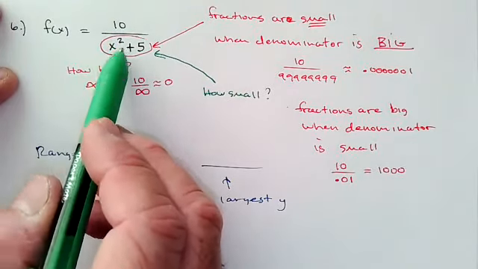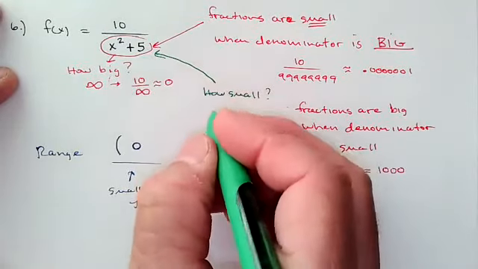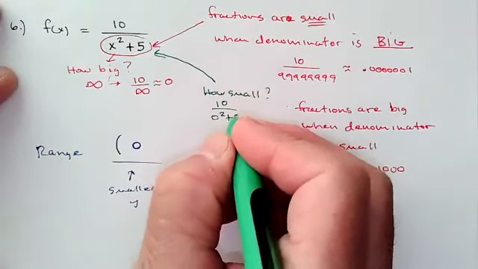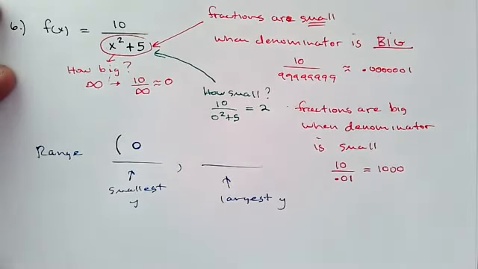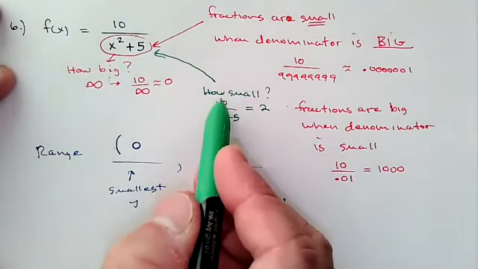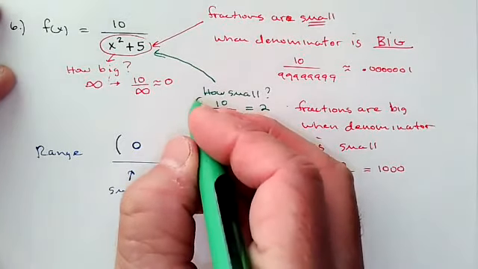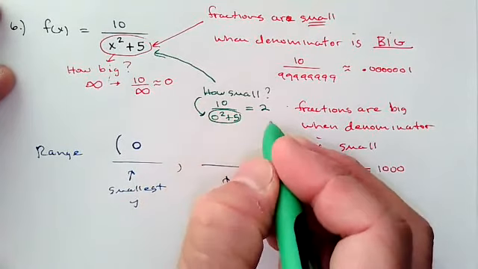And if x was 0, my denominator is going to be 5, right? How small can that denominator be? It could be 0, in which case I would get 10 over 0 squared plus 5, which is going to give me 2. Now I know I said how small, and I'm arguing that 2 is the biggest, but what I meant by how small is how small can this denominator be, right?